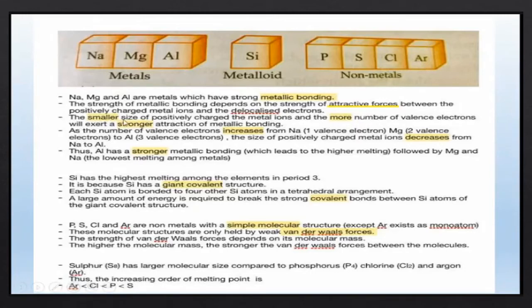That's why the smaller size and the more electrons give stronger attraction. Now explain in detail: sodium 1, magnesium 2, aluminium 3, and the size decreases, so again, mention aluminium has a stronger metallic bond.